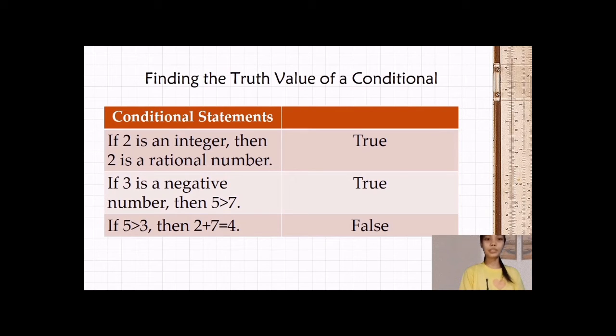Another example: if 3 is a negative number, then 5 is greater than 7. Since the antecedent is false, then it is a true statement. Another one is if 5 is greater than 3, then 2 plus 7 is equal to 4. In this statement, the antecedent is true and the consequent is false. Then this is a false statement.